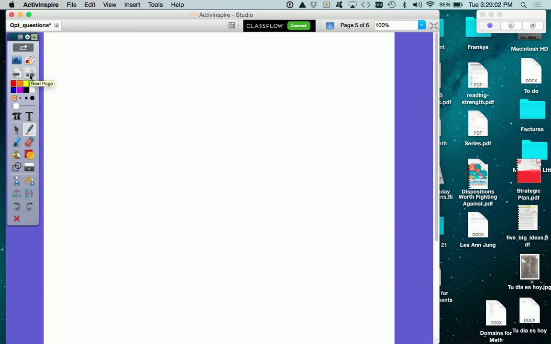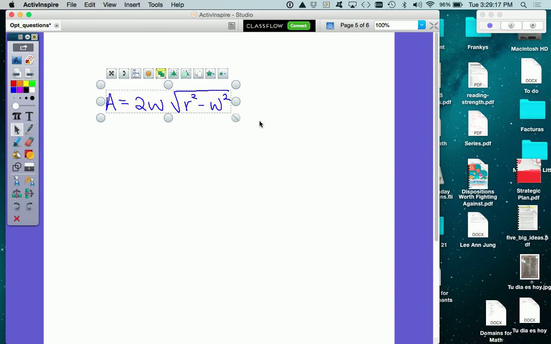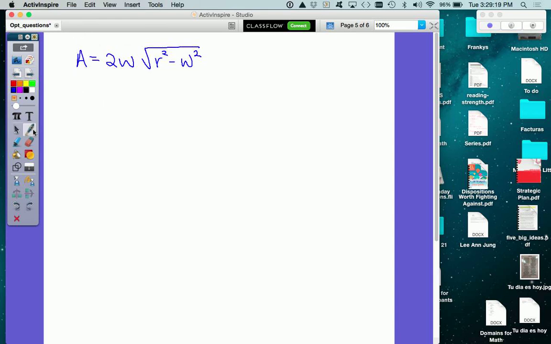So my function that I was working with was A equals 2w times the square root of r squared minus w squared. That's what we had previously. So now I differentiate this, and I differentiate with respect to w, and I see that this is a product rule.